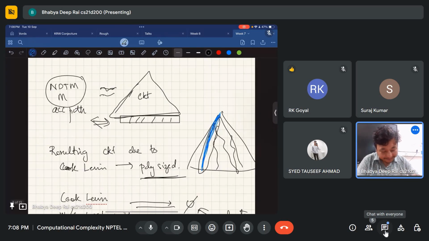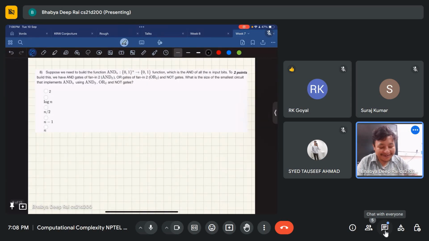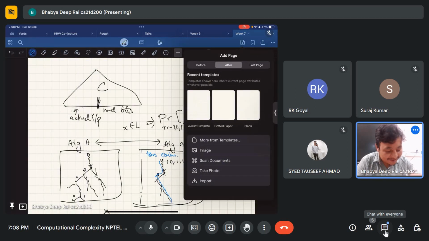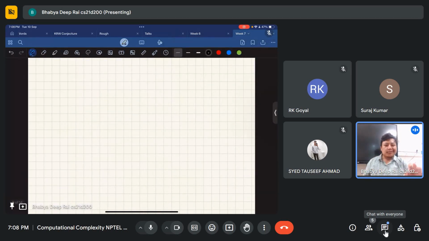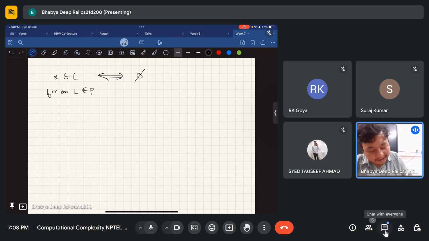Okay. Now let me come back to my point here. I know that by Cook-Levin, L in P is as good as checking whether a circuit phi, for an input X in L, evaluates to 1 or not.